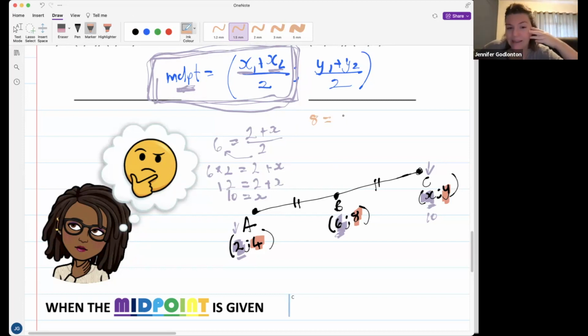So 8 is equal to 4 plus y, over 2. Good. And then cross multiply, and then you get 16 is equal to 4 plus y. Good. And then we transpose 4 and it becomes a negative, giving us 10.